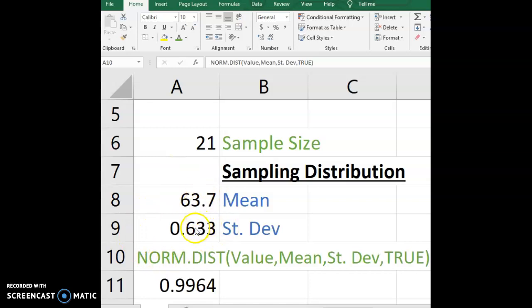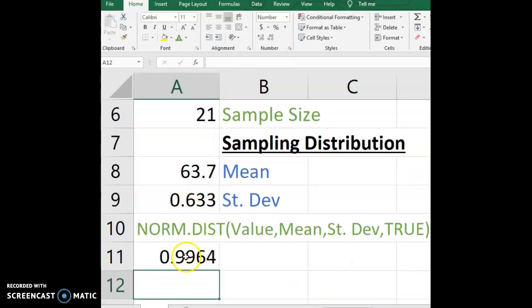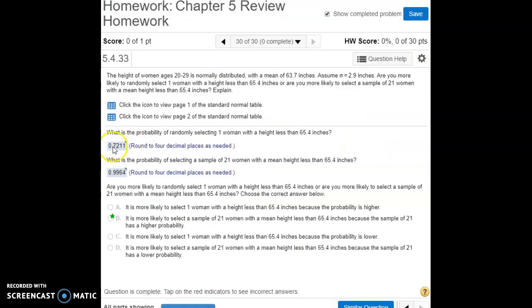So using our mean and our standard deviation here, we use that same formula. We're going to use that same value we're asking about, but use the mean and the standard deviation for our sampling distribution. And the probability then of getting a sample with a mean below that value is here, which is higher than it is for just selecting a single value from the population. And so this has a higher probability than just selecting a single woman, and that's how you answer the last part of the question here.